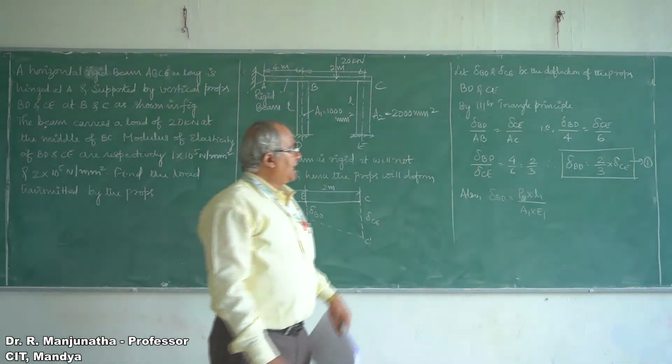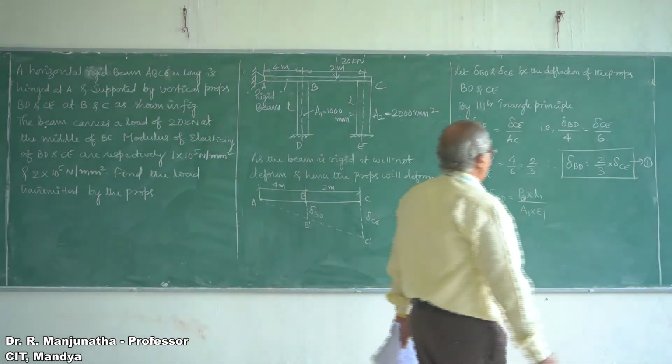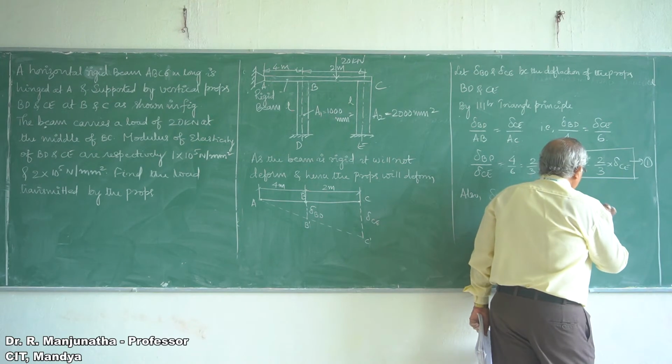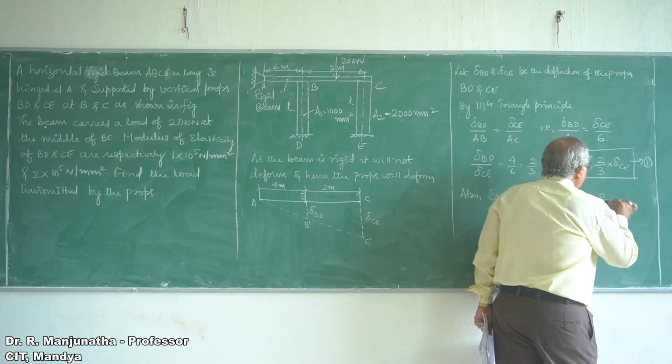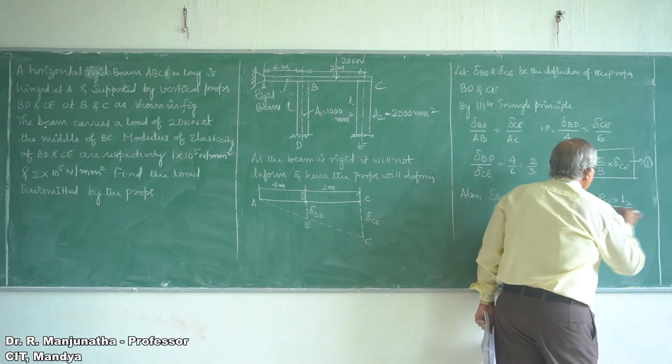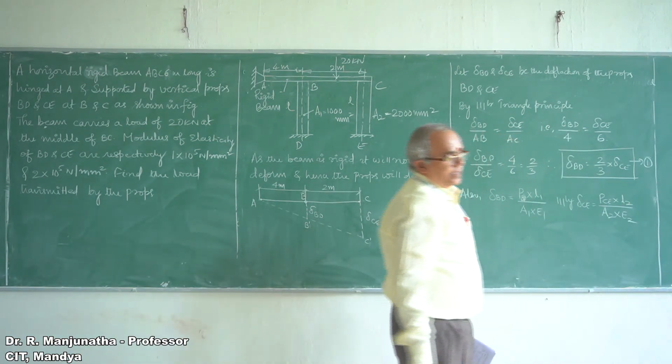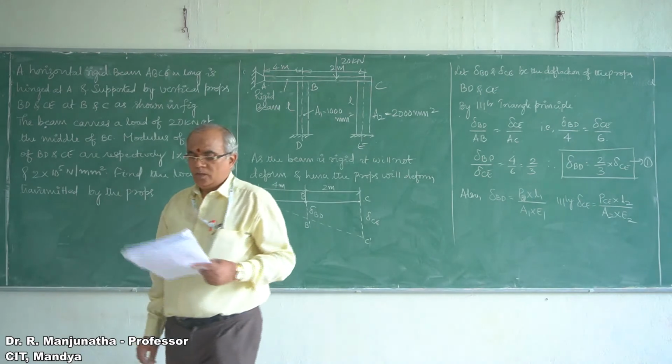Similarly, delta CE will be equal to PCE into L2 by A2 into E2.